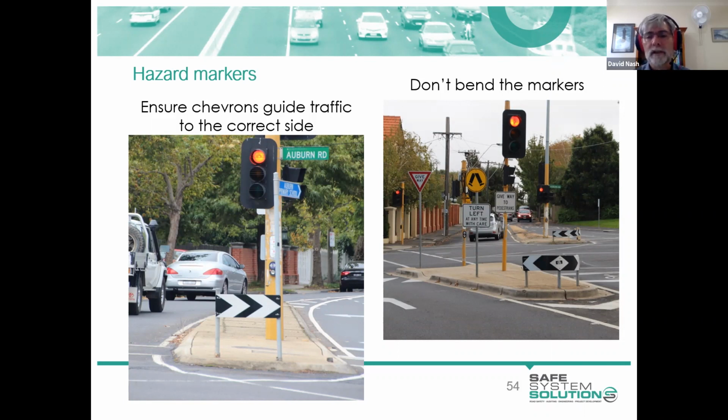But that's not the idea of hazard markers. Hazard markers are there to warn you as you're approaching from a distance. No one is looking at the marker in plan view. They're looking at it from the driver's point of view, and bending the sign sheeting is likely to diminish its properties of retroreflectivity.